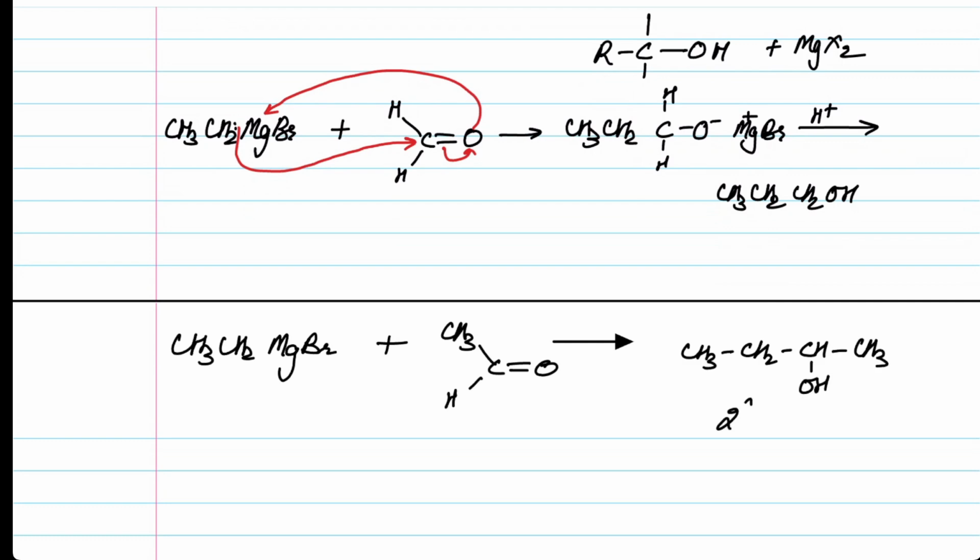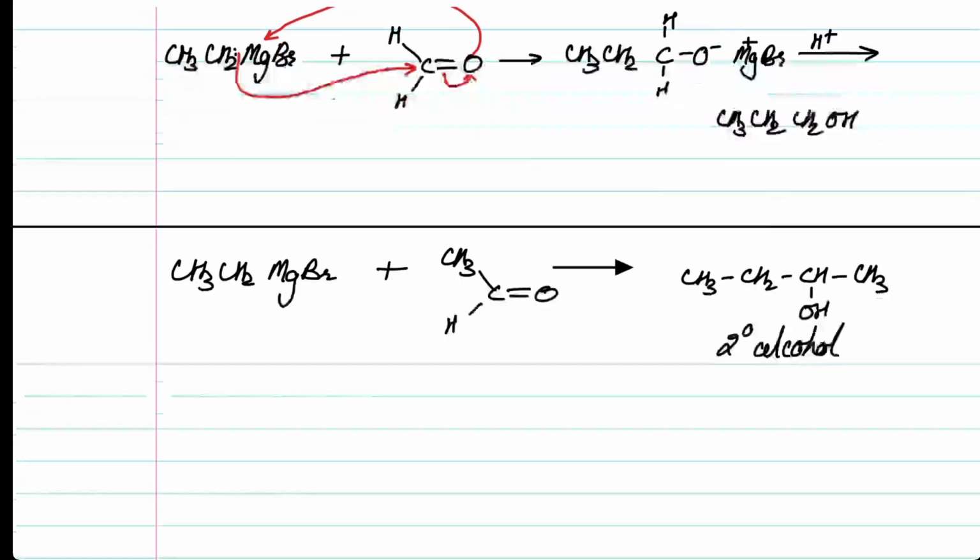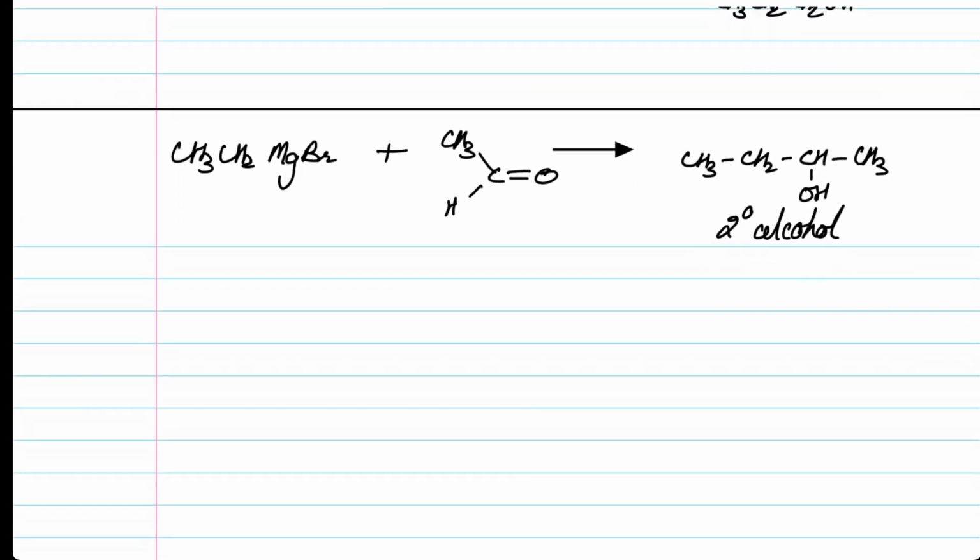That is a secondary alcohol. So the reaction of the Grignard reagent with an aldehyde other than formaldehyde gives a secondary alcohol. If we are supposed to react it with a ketone, which could be any ketone for that matter, followed by acidification, we can have acetone here.